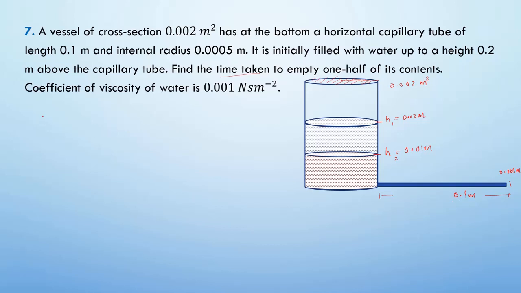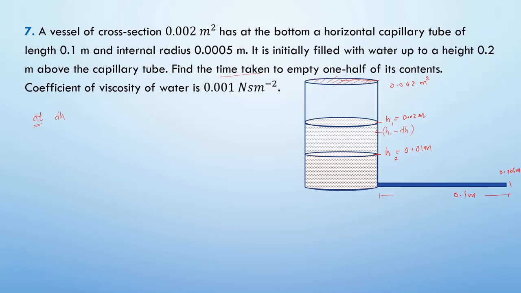Let a small amount of time taken be dt. And we say the water which flows out in this time dt is dh. That is, at time dt the height has decreased to h1 minus dh.